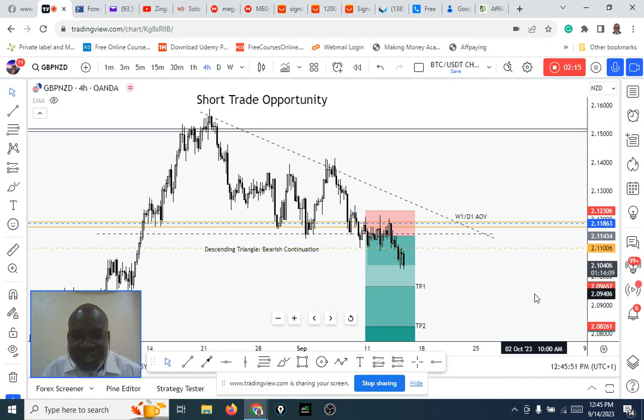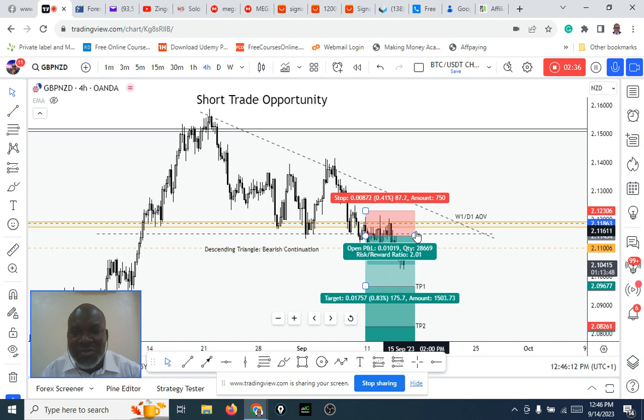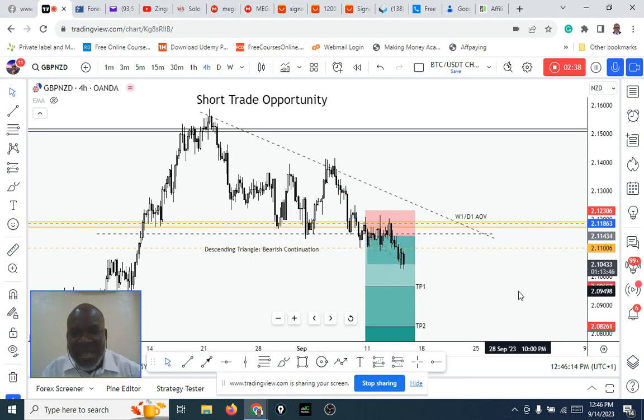Once price hits your entry, then you should begin to monitor the trade. Now, when price hits your take profit one, you have to move your stop loss to break even and take some partial profits, guys.